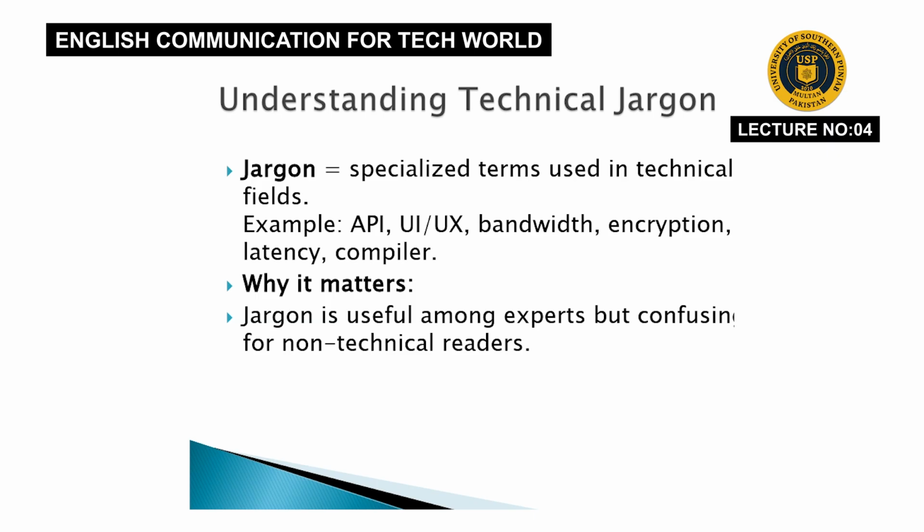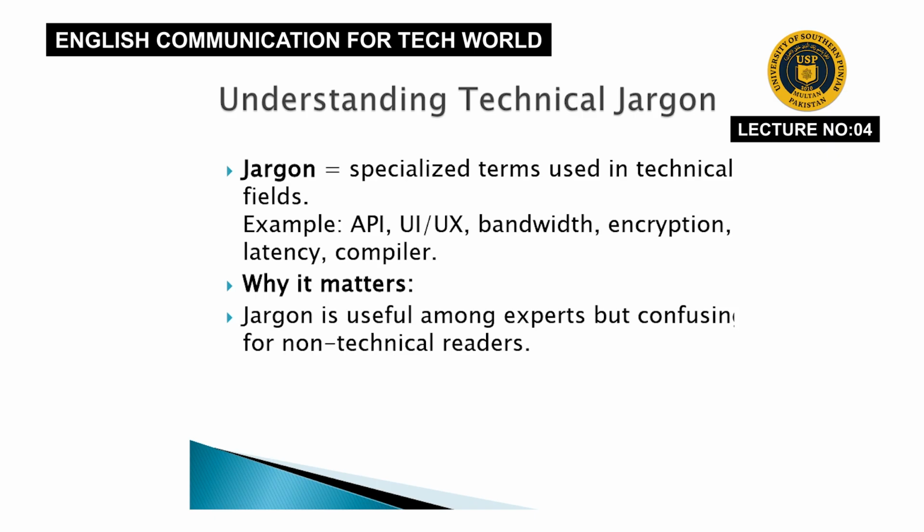Now, the question arises, why does jargon matter? Because jargon can be both useful and challenging. Among experts and professionals in the same field, jargon helps communicate ideas quickly and effectively. However, when the audience includes non technical readers, jargon can create confusion and make the document difficult to understand.